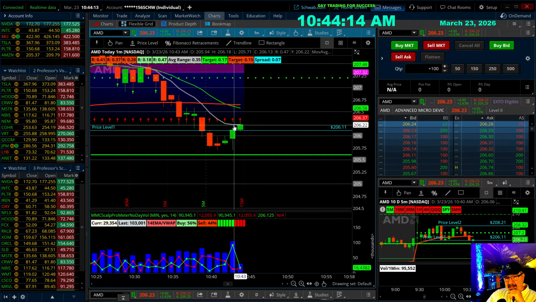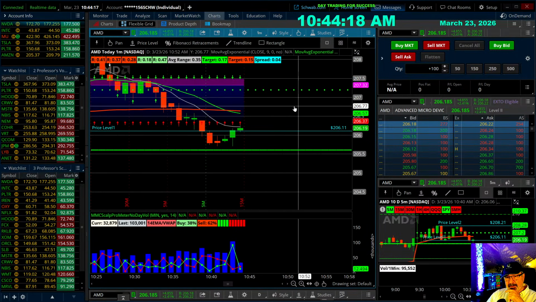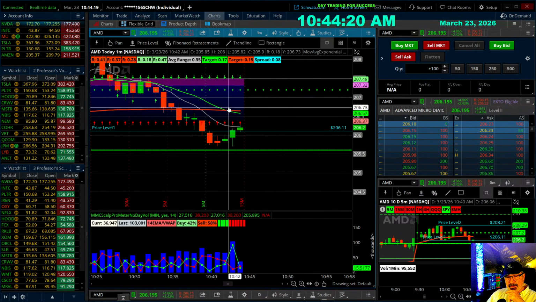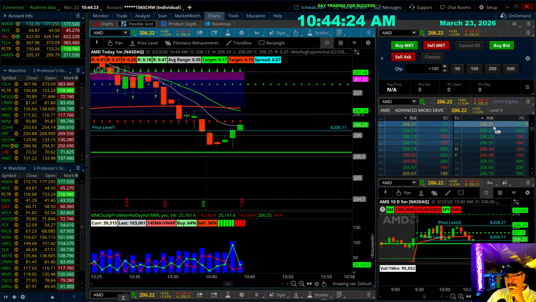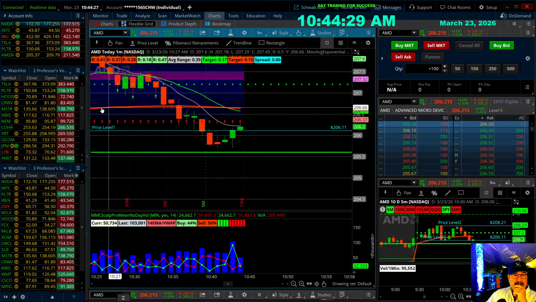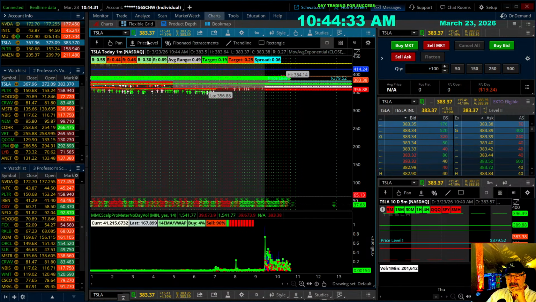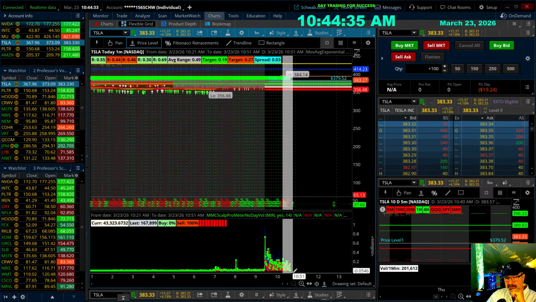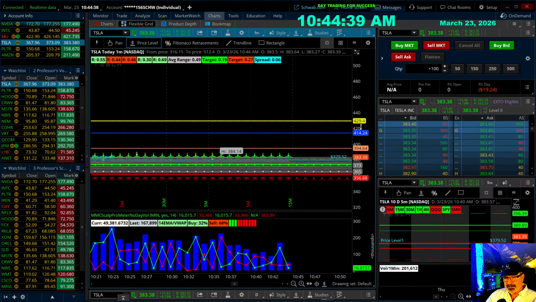I'd like to see it break back this magnet, reclaim the VWAP, and then as you get up here, it might be worth trying to recoil it down, but it's going really slow. I'm watching it. It'd be really hard to make money on this. Let me switch for a few more minutes. I'm going to go back to Tesla.